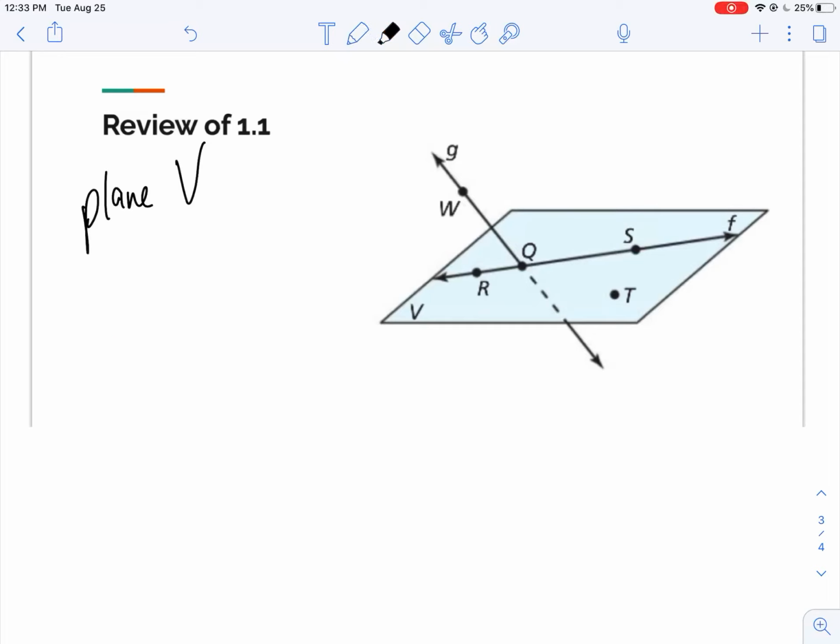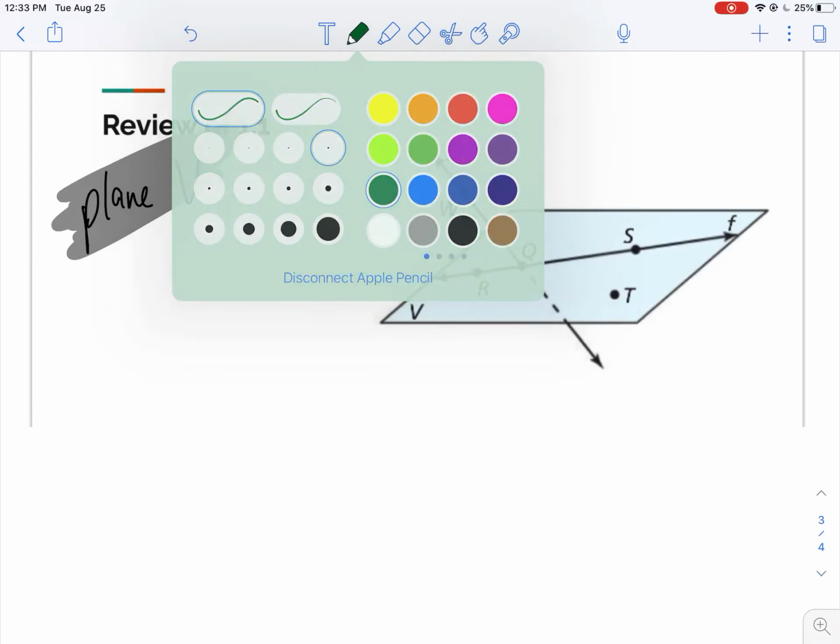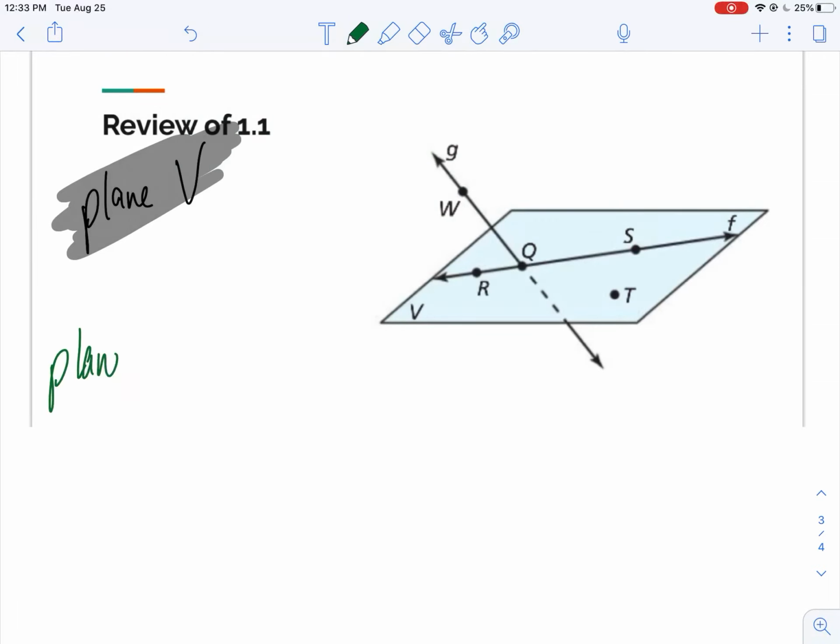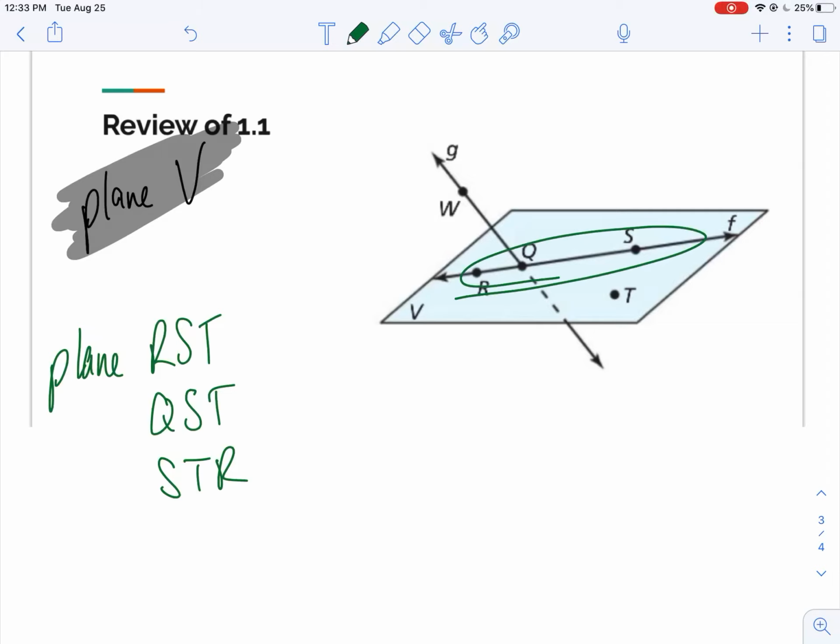Actually, I should do it in green if it's good. So this is something I would do as a last resort. I would name it plane RST or QST or STR or something like that. You can't use RQS, that would be bad. You cannot use point W because it's not in our blue plane. And then V is not a point and F is not a point.